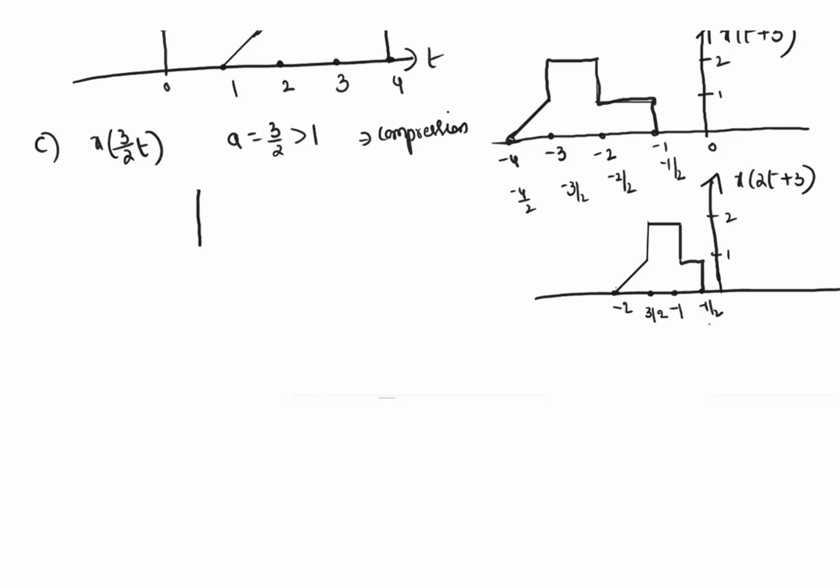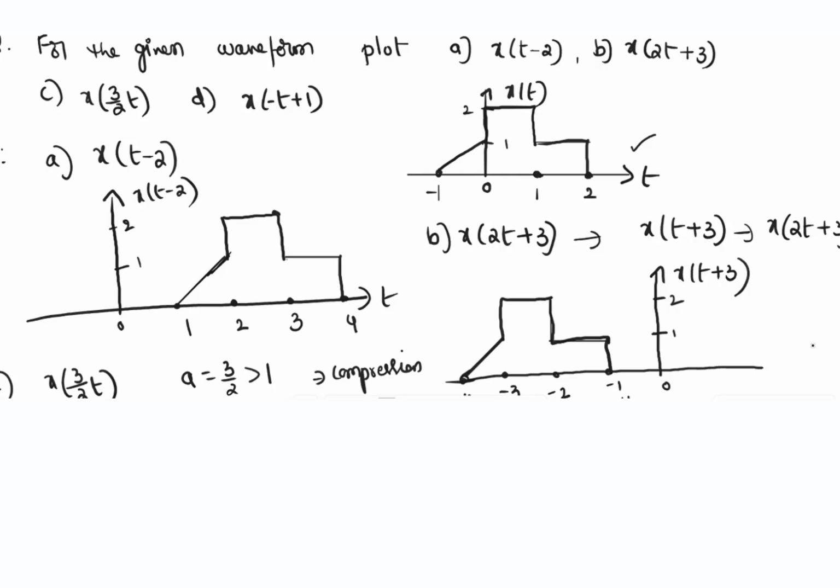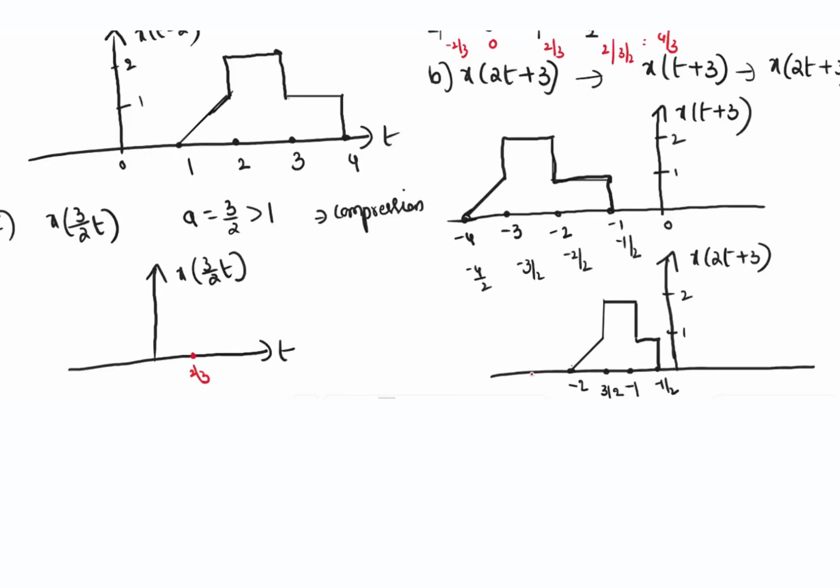So I'll plot it. So when this is the original signal, when you scale it by 3 by 2, 2 by 3 by 2, you'll get 4 by 3. 1 by 3 by 2, 2 by 3, 0. Minus 1 by 3 by 2, minus 2 by 3 you'll get. Okay. So I'll plot it. 2 by 3 is less than 1, so let it be 2 by 3.